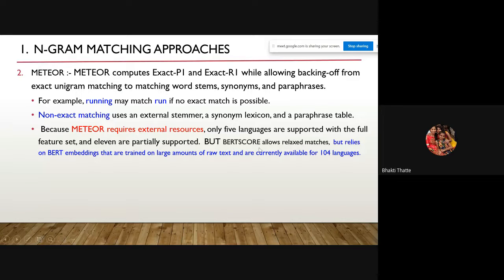But BERT score allows relaxed matches and relies on BERT embeddings that are trained on a large amount of raw text and are available for the current 104 languages. Since METEOR uses an external system, it is only available for a few languages. However, BERT score is available for more languages. So this is the advantage of BERT score over METEOR.